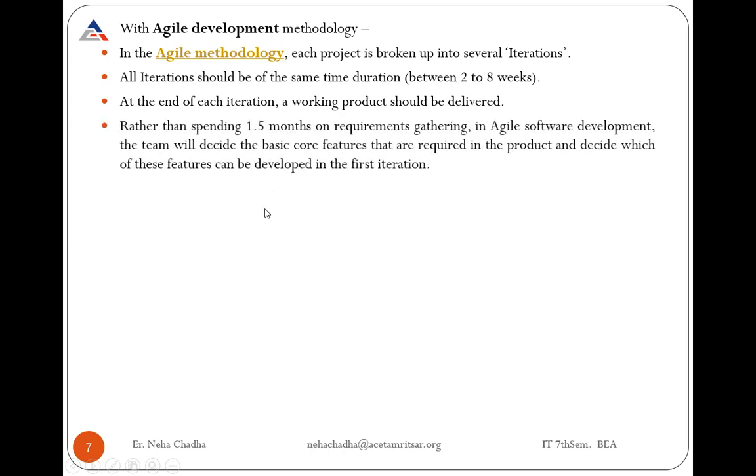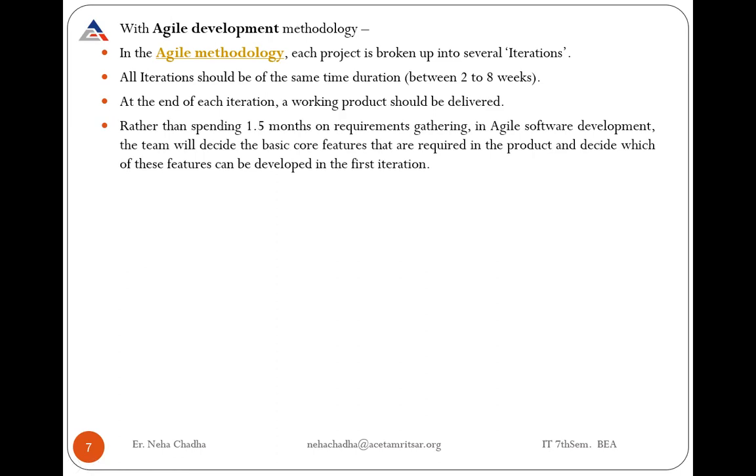Rather than spending 1.5 months on requirement gathering, in agile methodology, the team will decide the basic core features that are required in the product and decide which of these features can be developed in the first iteration.